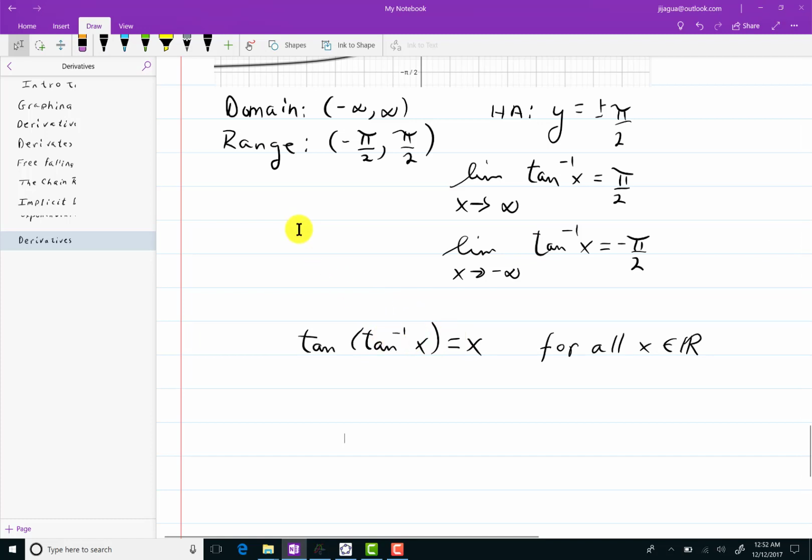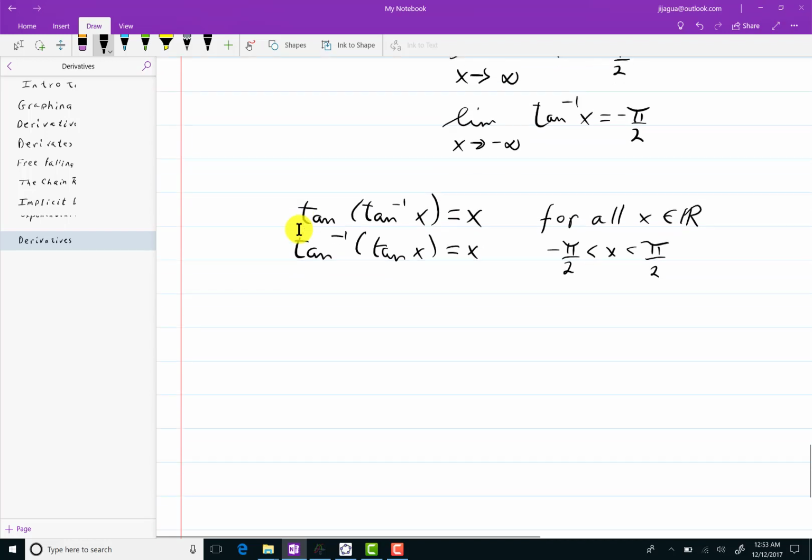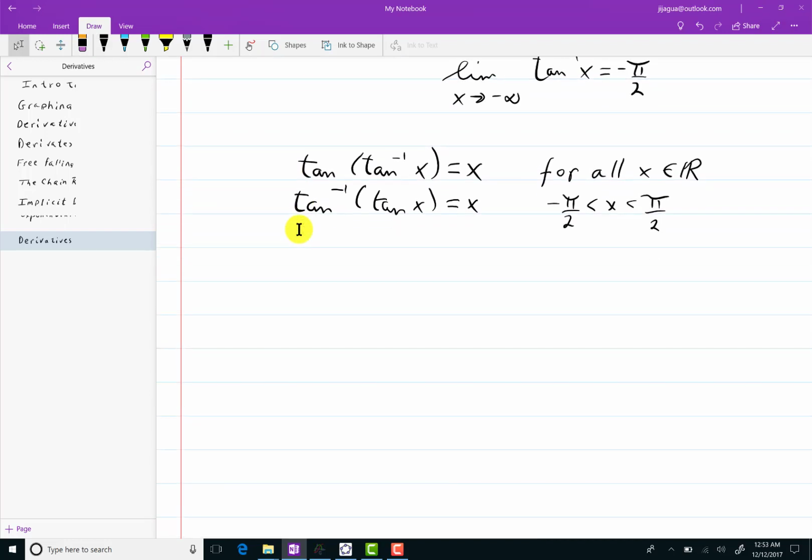Now if I flip it, if I do tan inverse of tangent of x, that'll also equal x, but it will be only for negative pi over 2 less than x less than pi over 2.